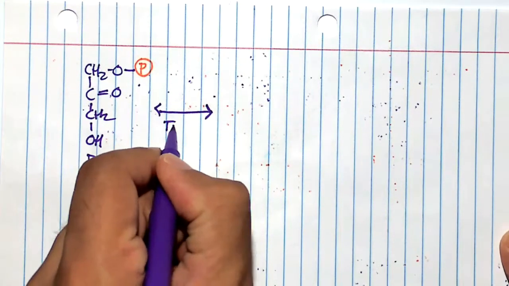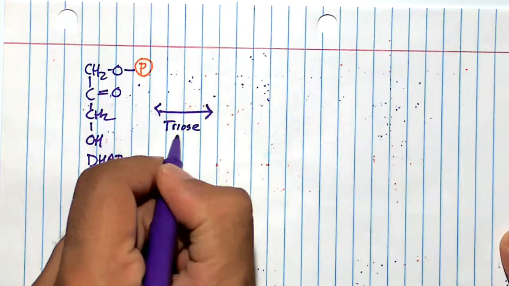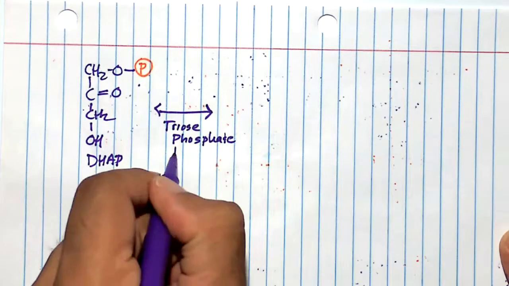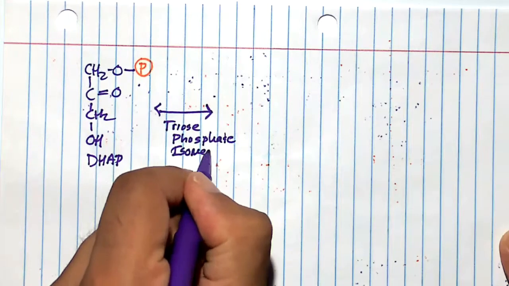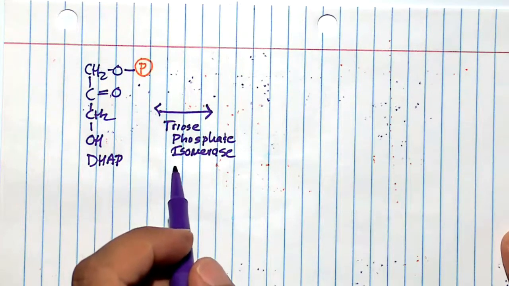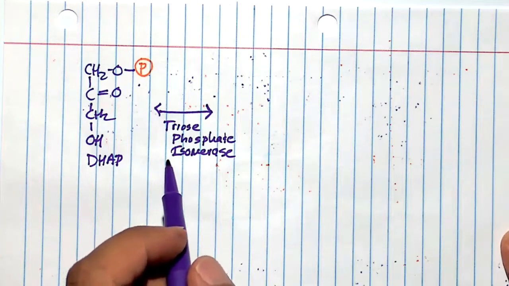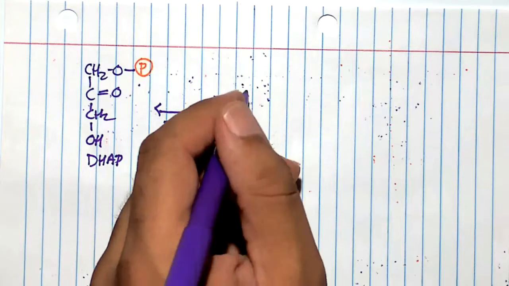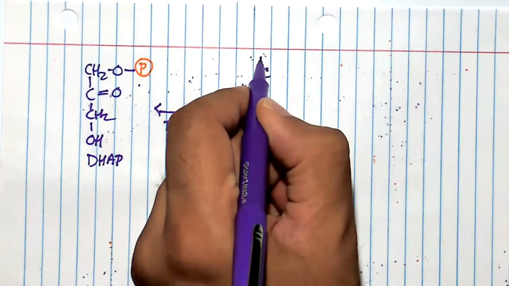Now this enzyme, triose phosphate isomerase, operates in both directions. It can easily go from DHAP to glyceraldehyde 3-phosphate, whose structure I'll draw here.